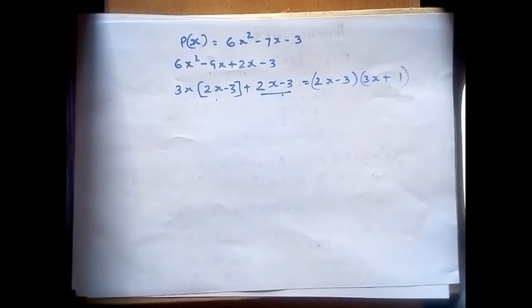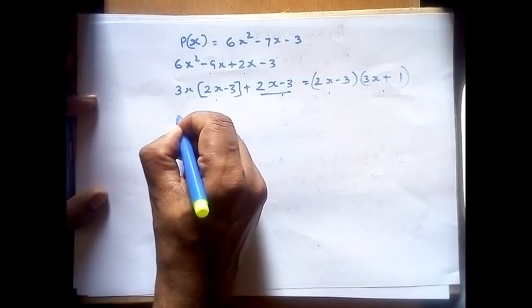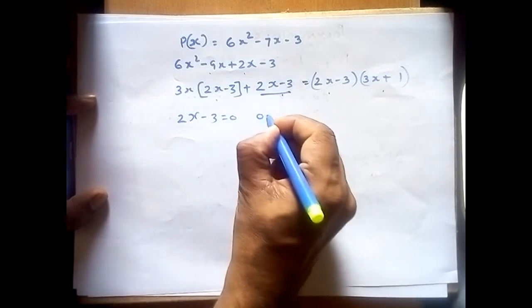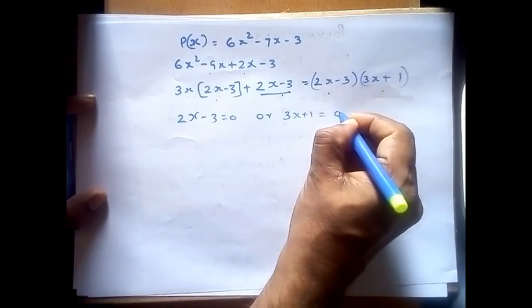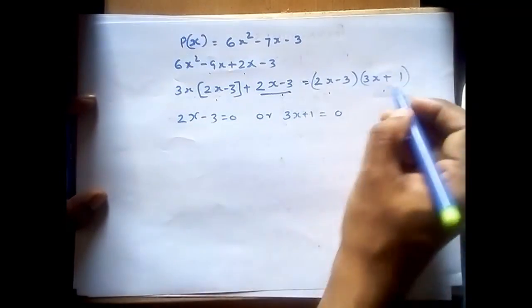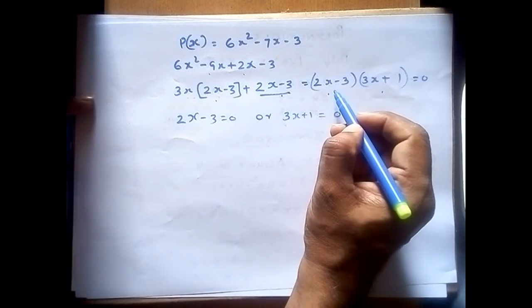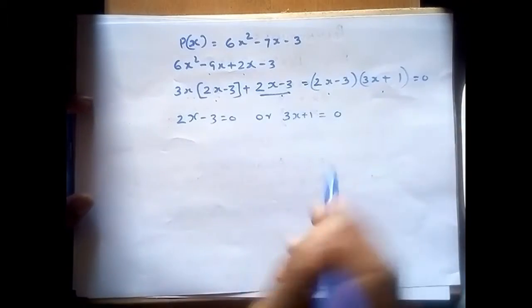Okay. Now from this we can see 2x minus 3 is equal to 0, or 3x plus 1 equal to 0 if this is equated to 0. So this is equated to 0 means either this term should be 0 or this term should be 0, or both should be 0.